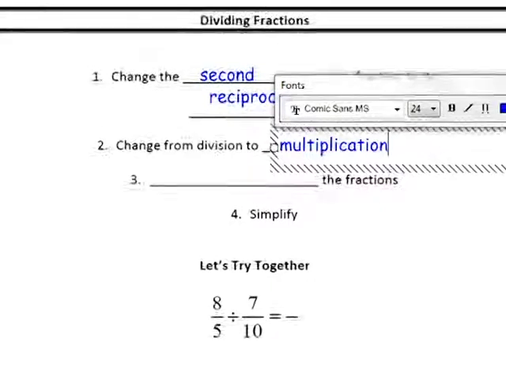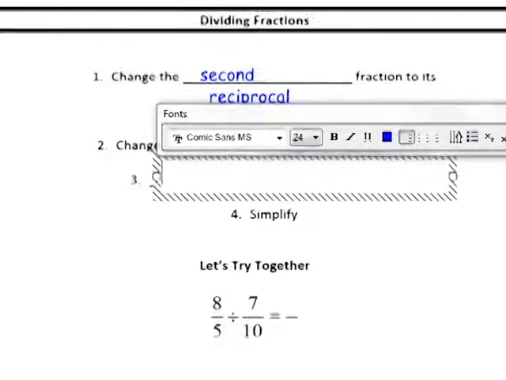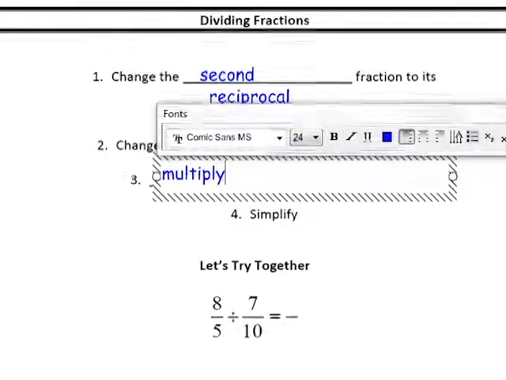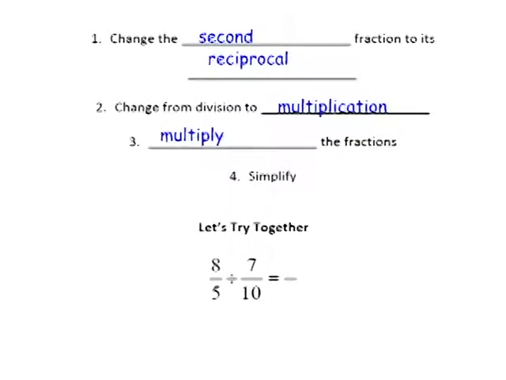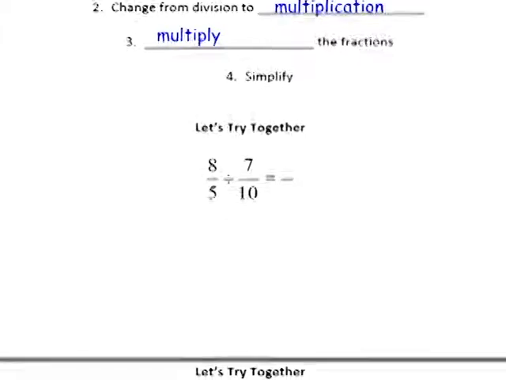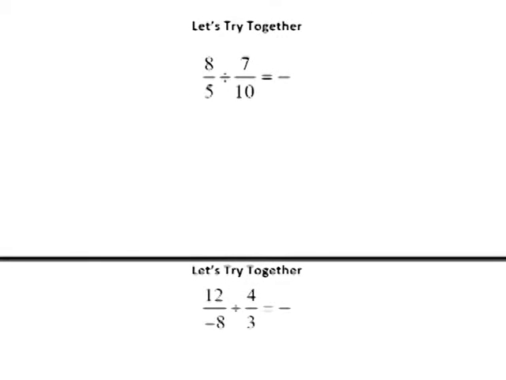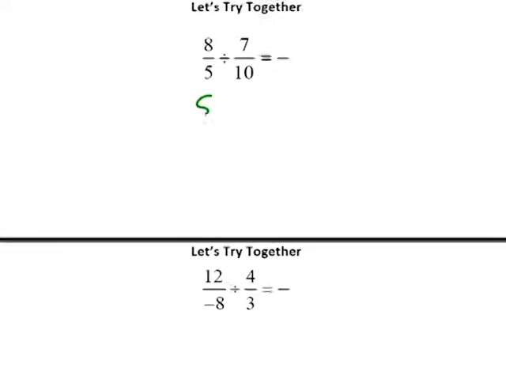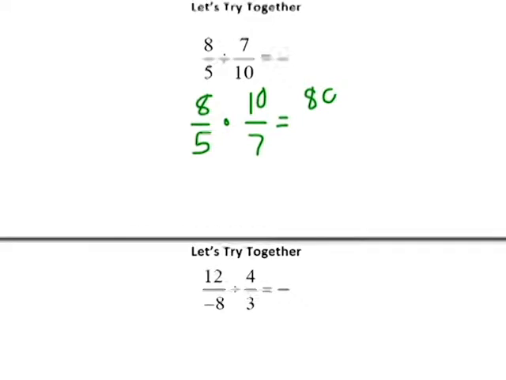Then just simply multiply the fractions, just like we've done in the past. If we know one set of rules, stick to what we know. First fraction stays the same, 8/5. Second fraction, take its reciprocal, 10/7. And we're going to multiply instead. 8 times 10 is 80. 5 times 7 is 35.